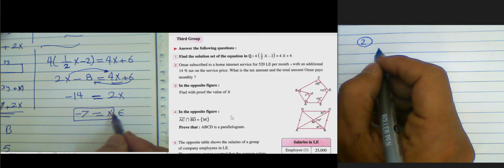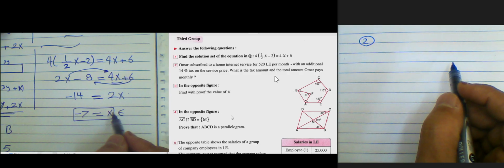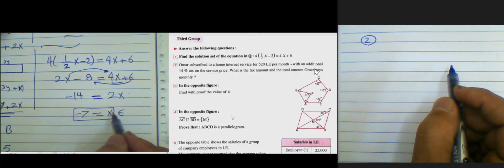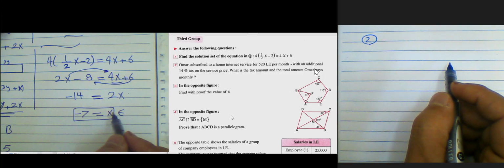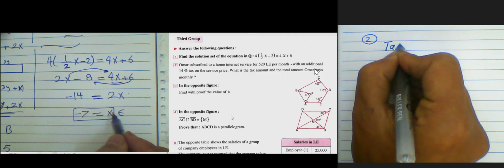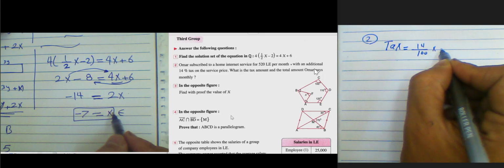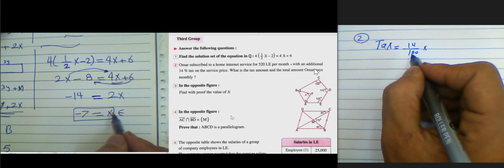Omar subscribes to a home internet service for 520 Egyptian lira per month. What is the total with an additional 14% tax on the service price? We can find the tax first. The tax was 14%, meaning 14 over 100 times the total money.